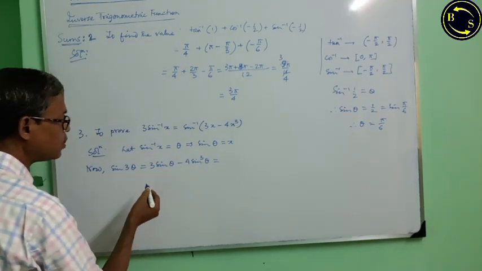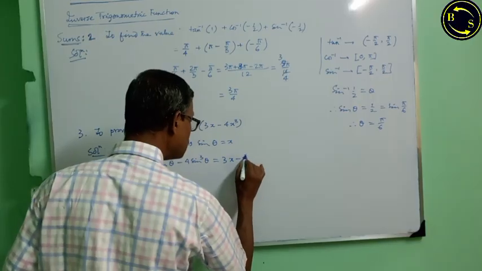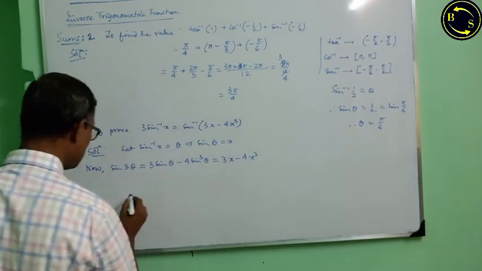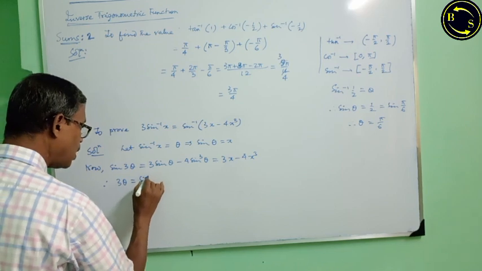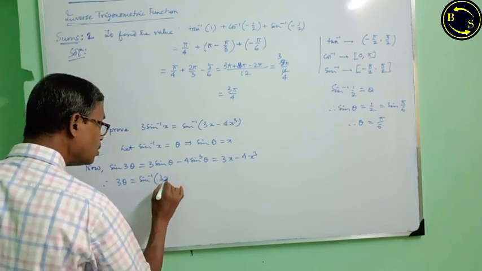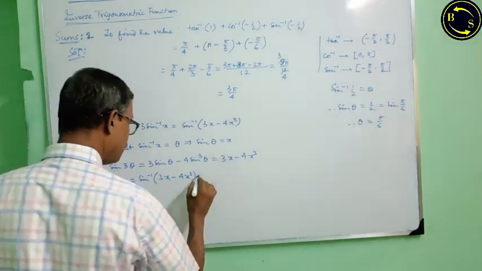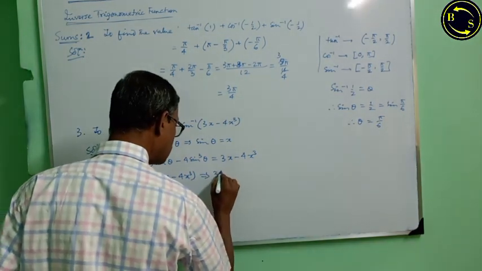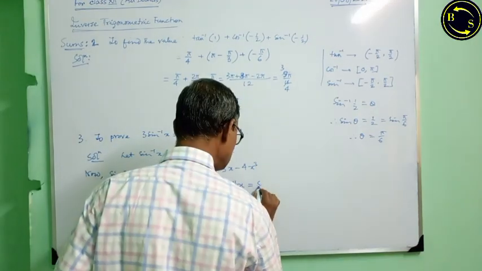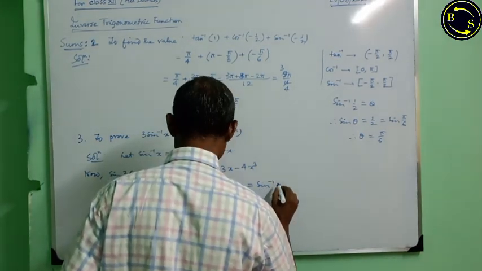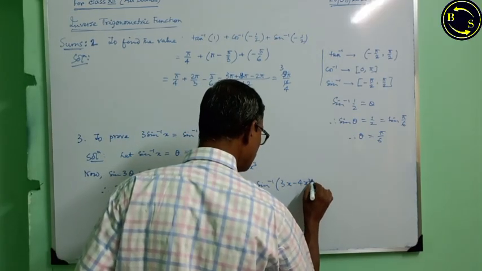We put the values of sin theta. Therefore, it is 3x minus 4x cube. Therefore, 3 theta is equal to sin inverse within brackets 3x minus 4x cube, that is 3 sin inverse x is equal to sin inverse 3x minus 4x cube.